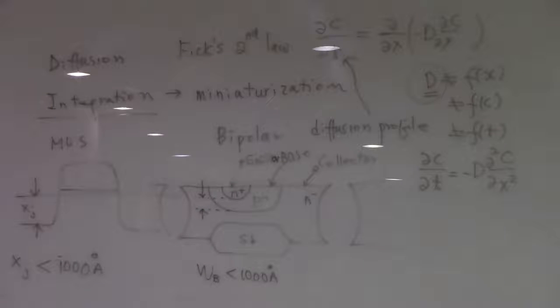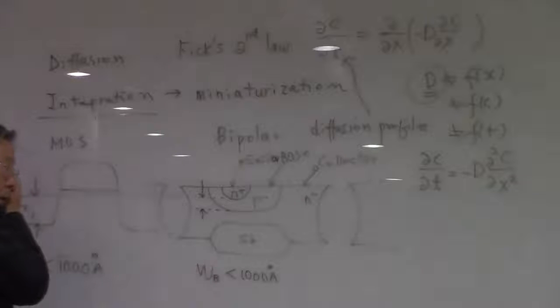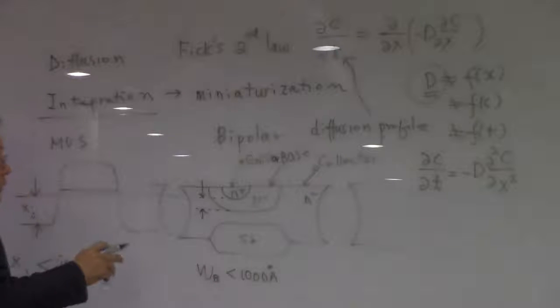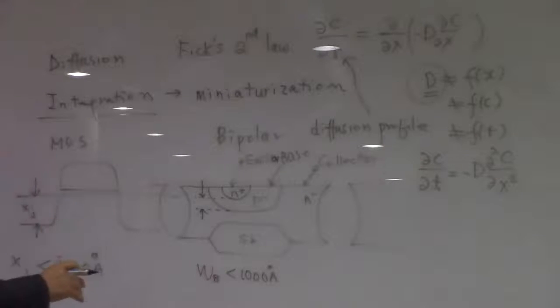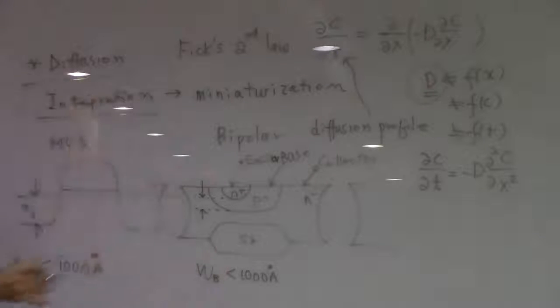So we have to understand the diffusion coefficient, diffusion behavior of the dopant in the silicon more precisely. And that's why we have to talk about the diffusion first in this class. All right?